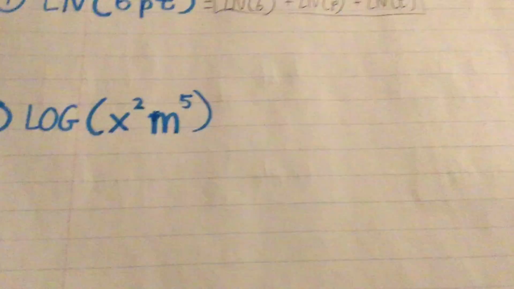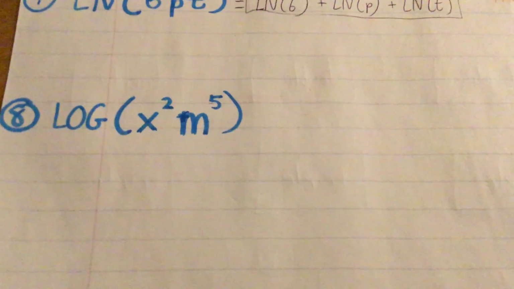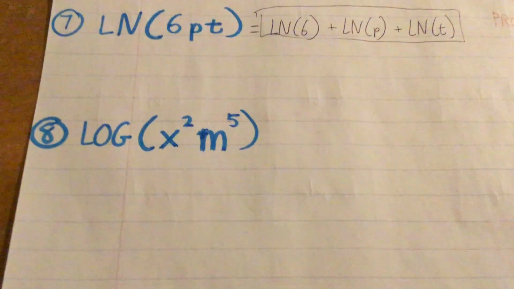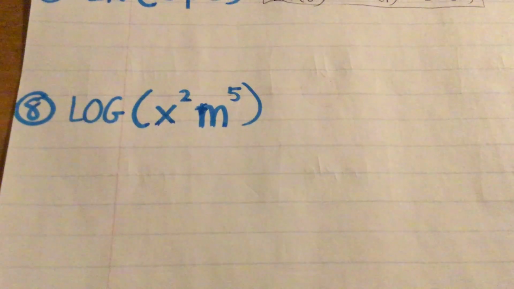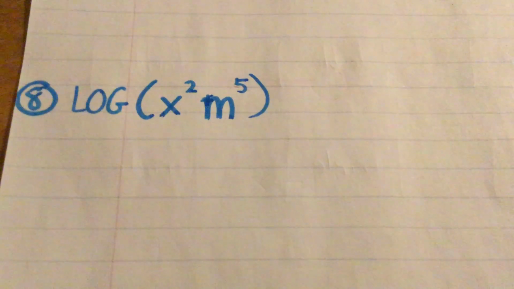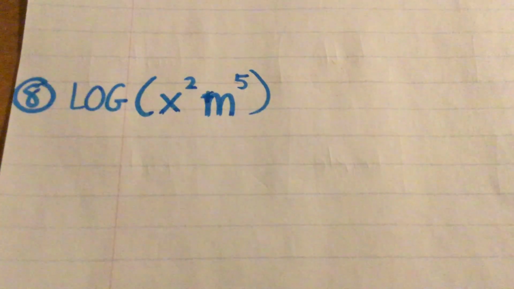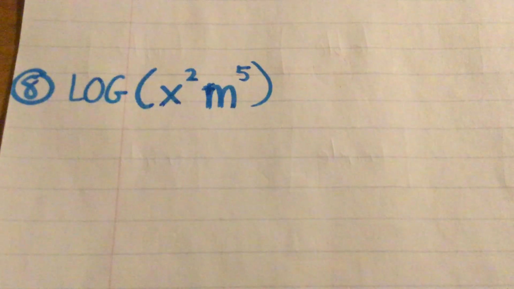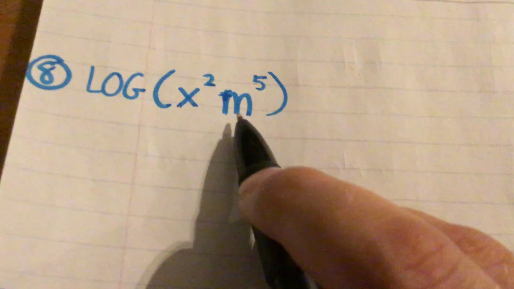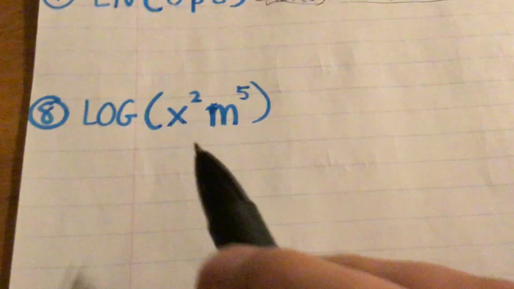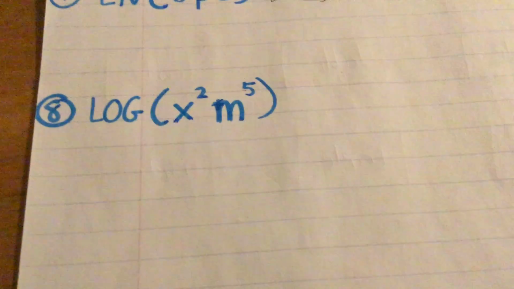Now, this is where I need to combine multiple steps at once. Okay, so I'm going to take a deep breath and look at this. What is the big picture of this problem? I've got log of x squared times m to the 5th. So in the first step, I'm going to treat this like a multiplication problem.